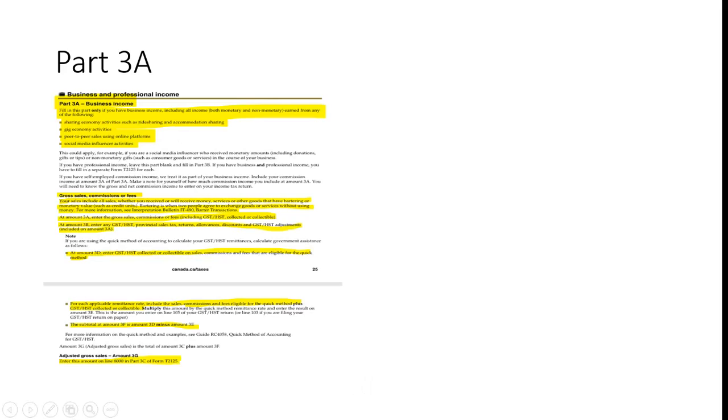For business income, fill in this part only if you have a business income, including all income, both monetary and non-monetary, earned from any of the following: sharing economy activities such as ride sharing and accommodation sharing, gig economy activities, P2P sales using online platforms, social media influencer activities, and so on and so forth.